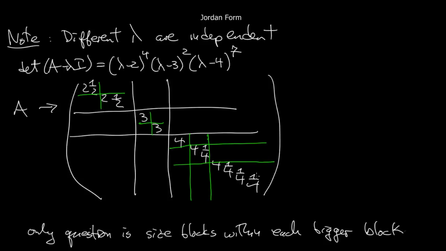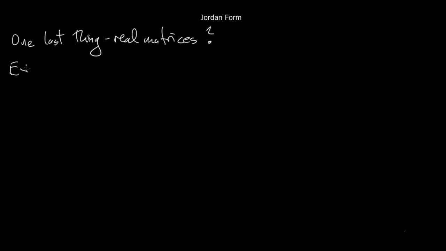Okay, well, there's just one last thing I want to talk about here, which is this business about having complex matrices. So, well, obviously real matrices are complex matrices, so why did I say that? Well, just one example illustrates this.